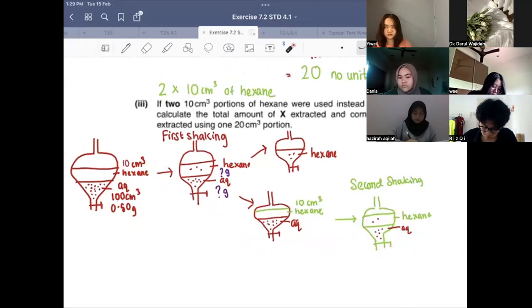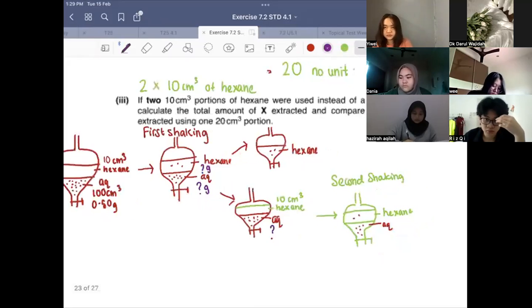Okay, I do not have any numbers. I don't know how much of X I have in the aqueous layer. Sorry, not that one. Oh, that one I also don't know. And I don't know how much of X in hexane after the second shaking or the second extraction.